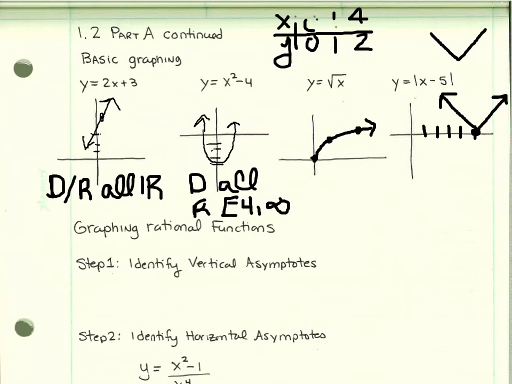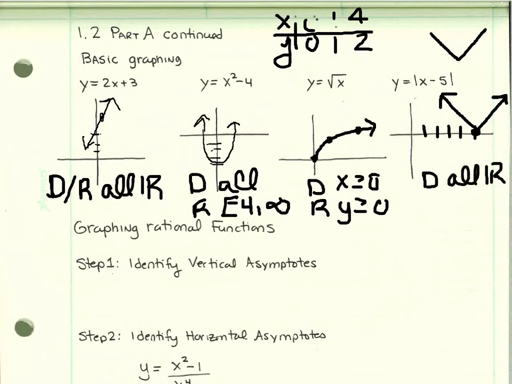On this third graph, the domain and range are both all numbers greater than or equal to 0. And on the last graph, the domain is all real numbers, and the range is going from bottom to top. It starts at 0 and goes up to infinity. Now, on your homework assignment, that needs to be in interval notation, but this gives you kind of a basic idea.